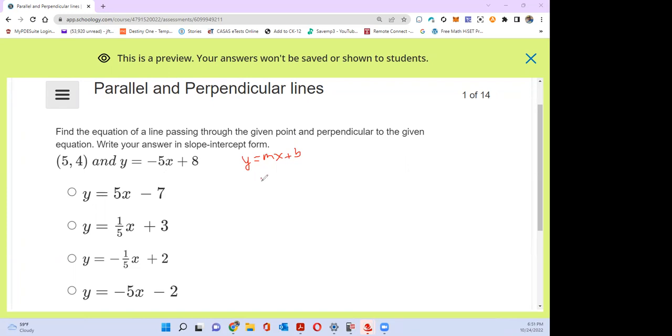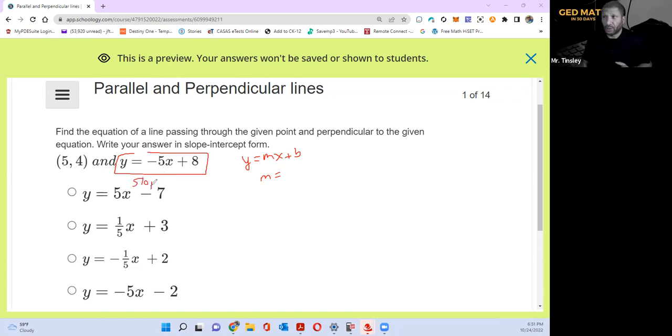Yeah. So the first thing you're going to do is understand that this is slope-intercept form. Once you identify slope-intercept form, which is y equals mx plus b, you can identify the slope. So whatever's in front of that x is your slope.